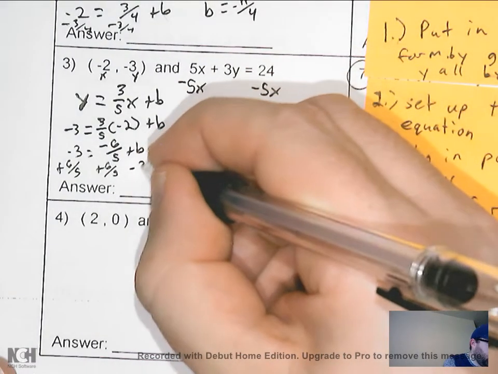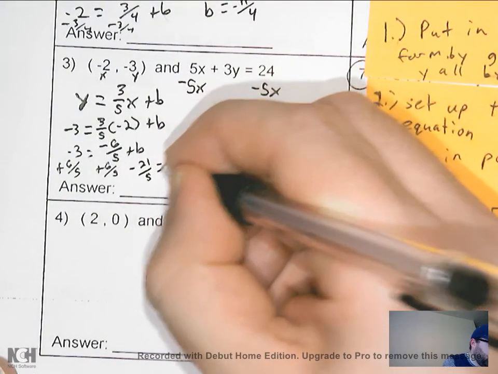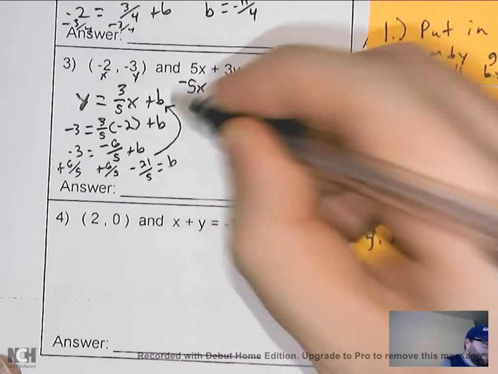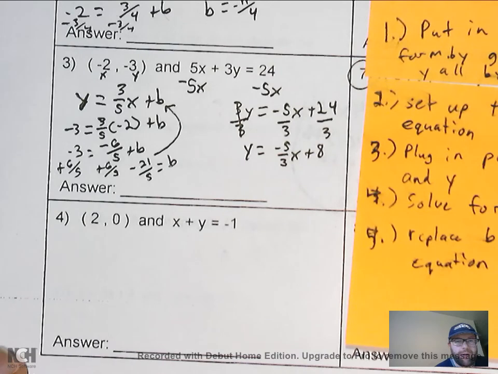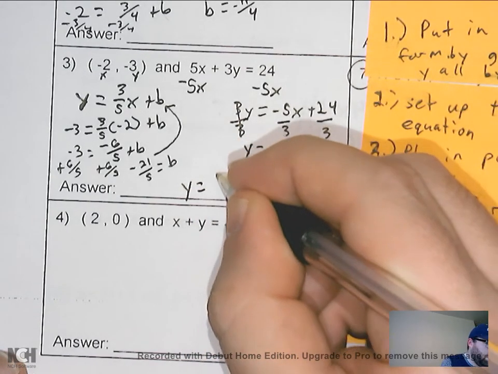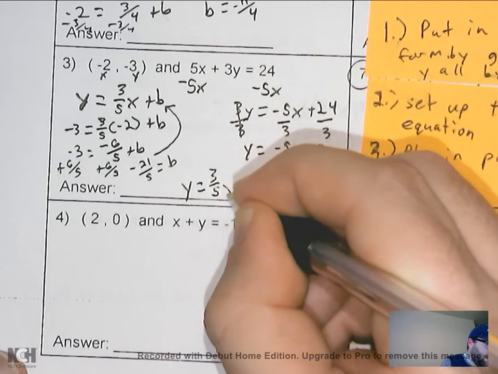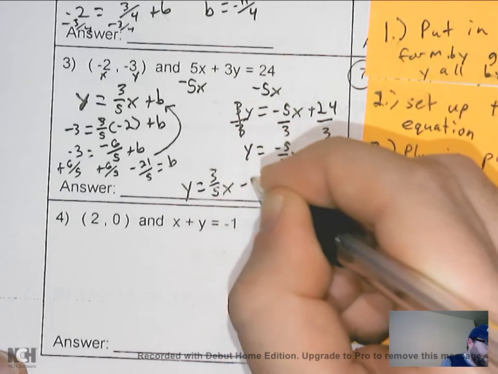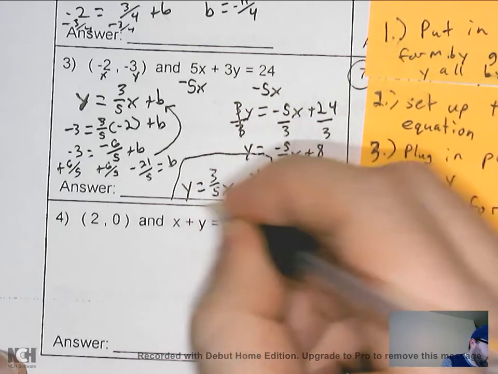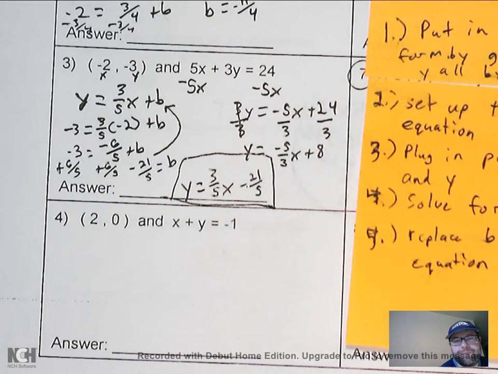So negative 21 over 5 would equal b. So then I can take that, replace the b in my perpendicular equation with what it's equal to, and I'm going to get y is equal to positive 3 over 5x minus 21 over 5. And that would be my answer.